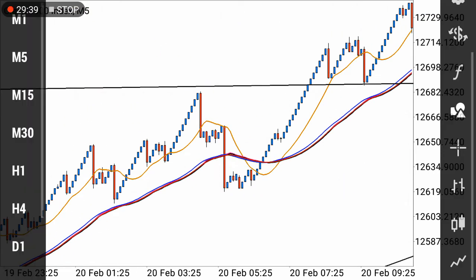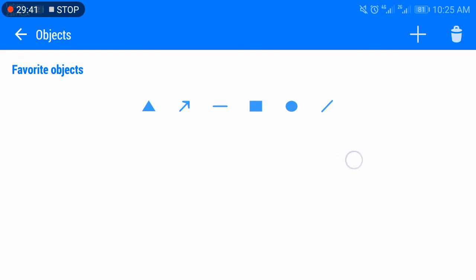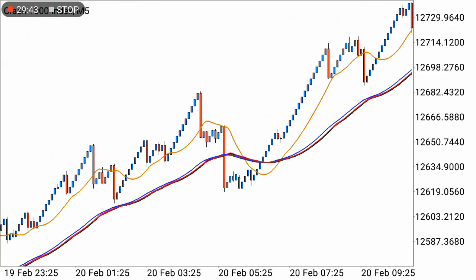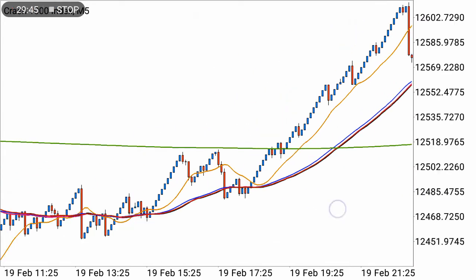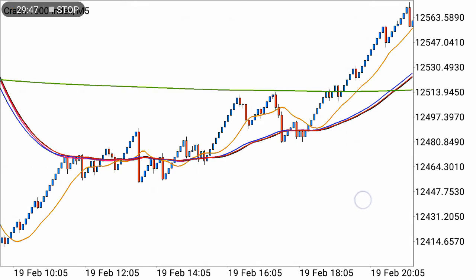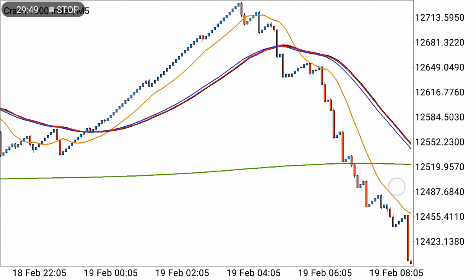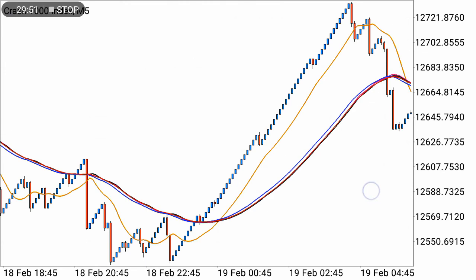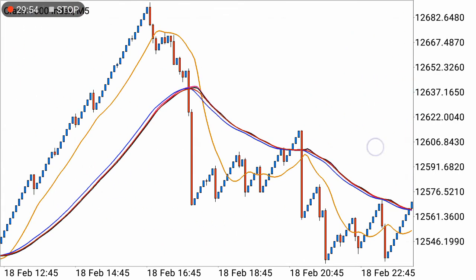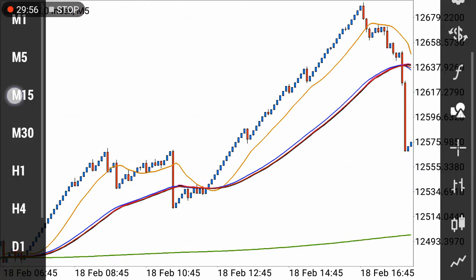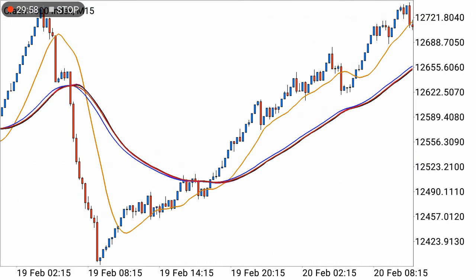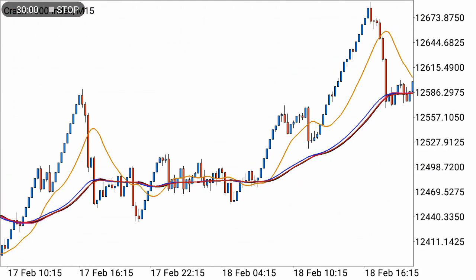As I told in the previous video, let me delete all things. Okay. M5 has thousands of M and W patterns, and M15 also. So let me move to M15.